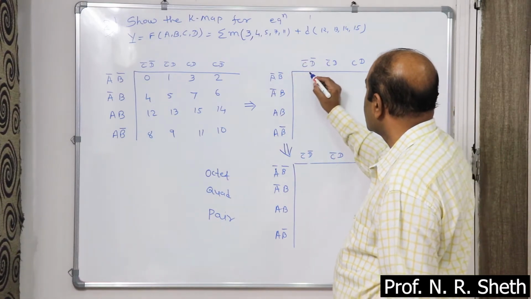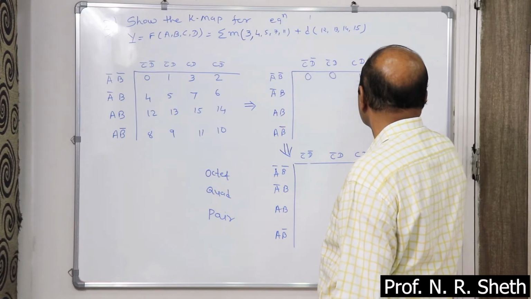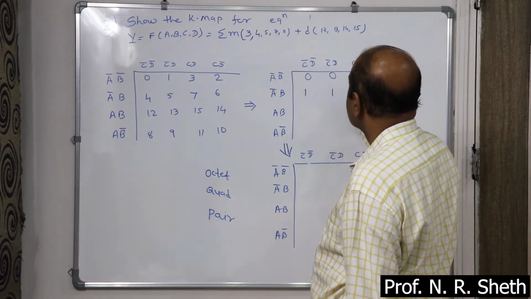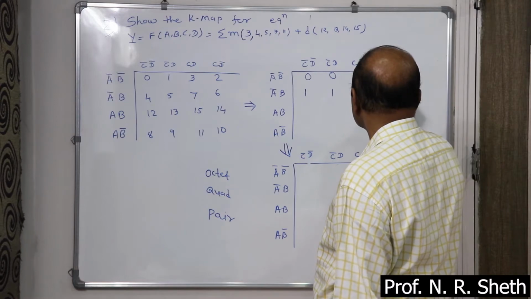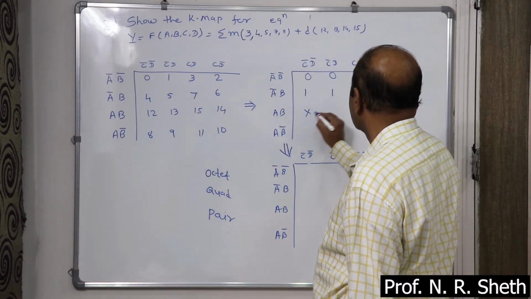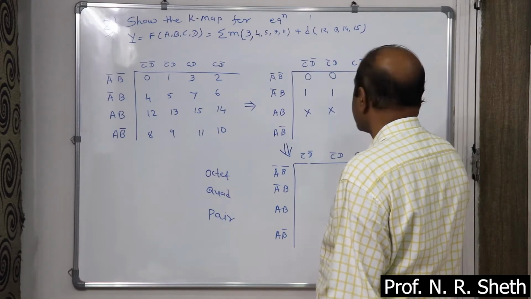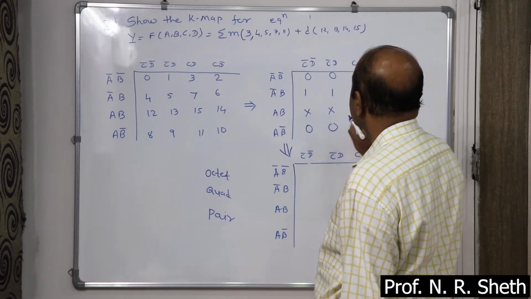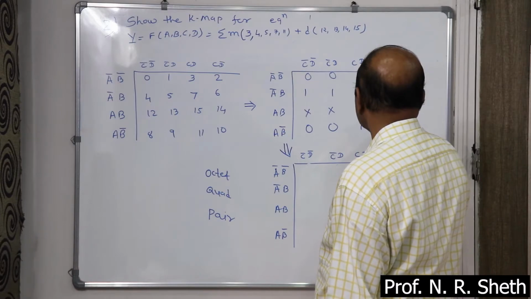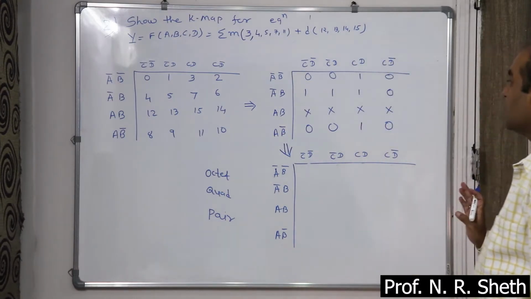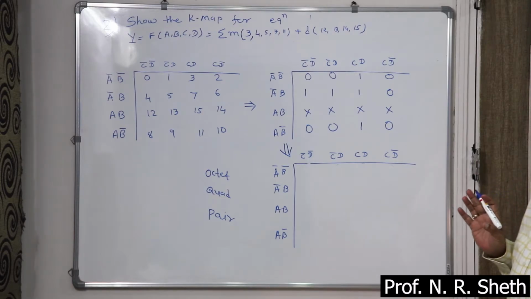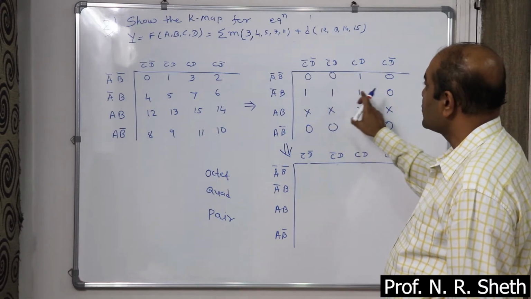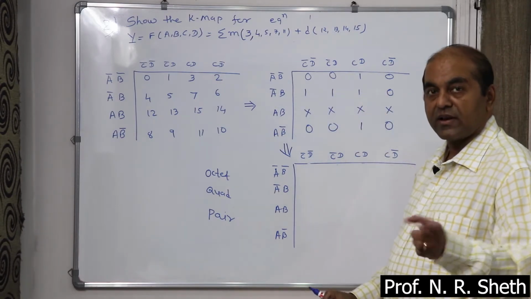So here is 3. 4 is high, 5 is high, 7 is high, 6 is 0, 12, 13, 14, 15 are high, 8 is 0, 9 is 0, 11 is high, 10 is 0. Okay, so I think this 3 is added here. 4, 5, 7 and 11 were already there in the previous sum.